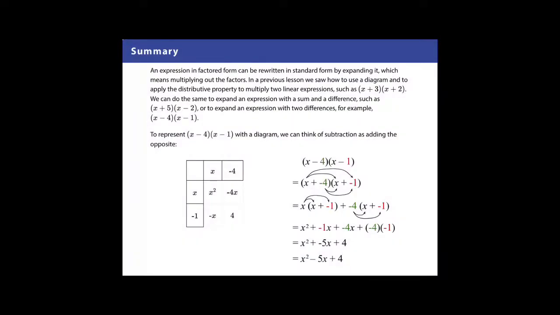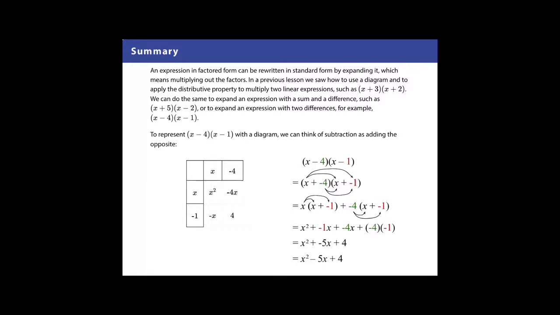For the summary, an expression in factored form can be written in standard form by expanding it, which means multiplying out the factors. And so, to represent x minus 4 times x minus 1 with a diagram, we can think of subtraction as adding the opposite.